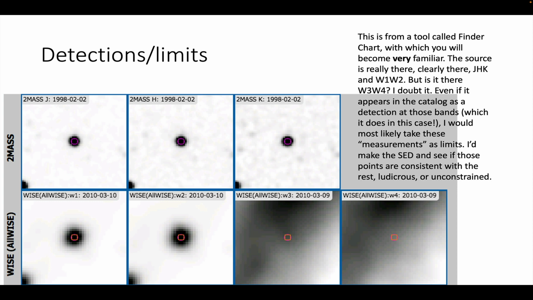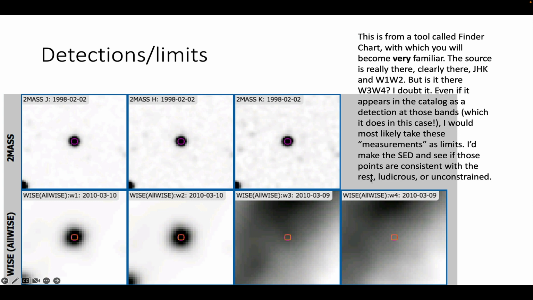So then I can look at the catalog provided for us by the WISE team and see, okay, is there a measurement at WISE1 and WISE2? Almost certainly. Is there a measurement at WISE3 and WISE4? I need to look at what the computer is telling me. Is the computer telling me there's a detection? In which case I go, I don't think so. I'd make the SED and see if those points are consistent with the rest or ludicrous given the rest of the SED.